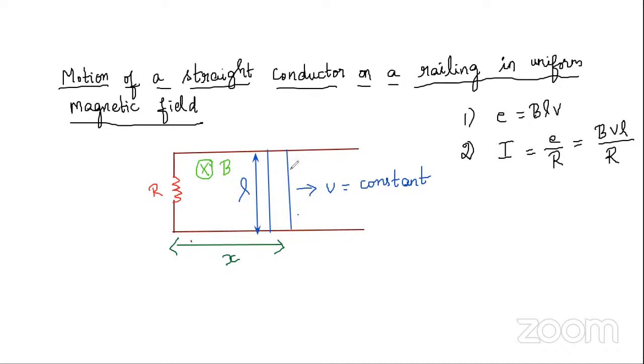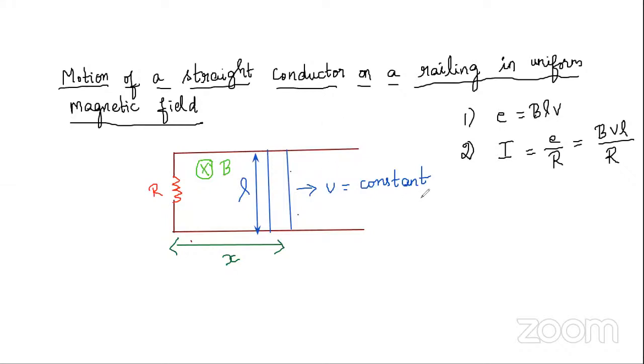That induced current causes some retarding force on the metal rod, because according to Lenz's law, you know very well, the direction of induced current is such as to oppose the change that causes it. Since the change is the movement of the rod, the induced current flows in such a way as to oppose the movement of the rod.